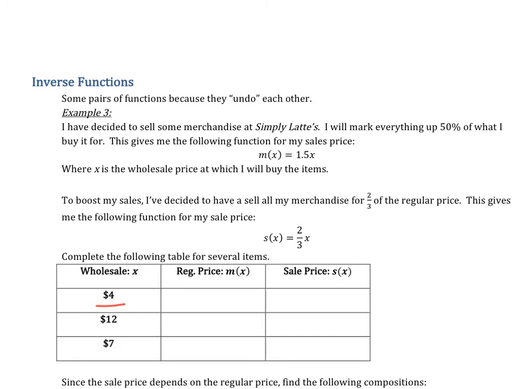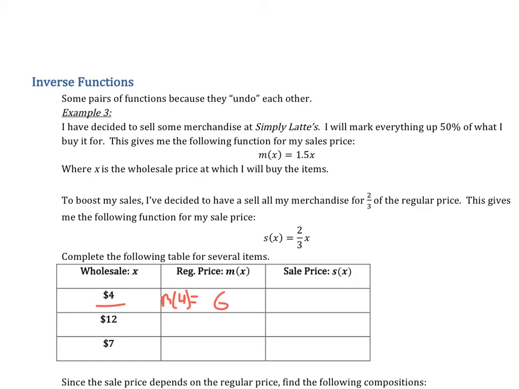So let's say I buy something for $4. All right, maybe some stickers or some mugs or something like that. A little mug for $4. I'm going to sell it. The regular price, M of x, that's M of 4. That's 1.5 times 4. That's 6.